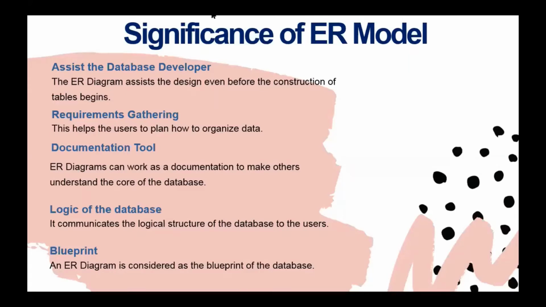We have seen that in the 3-level architecture, the second level is dealing with your logical structures. So when you are converting the ER into the relational by using the rules, you are able to design the logical structure for your database. Okay. And finally, it is the blueprint of your database. Why blueprint? Because it is just a reflection of your database.